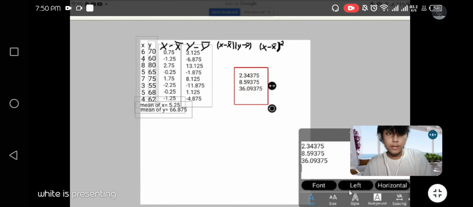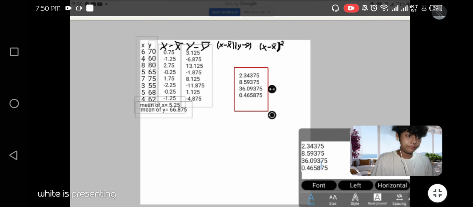And next is negative 0.25 times negative 1.875. Ayan. Answer is 0.46875.